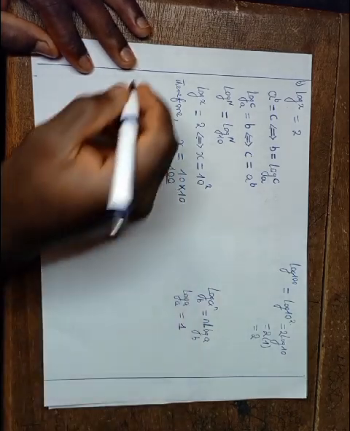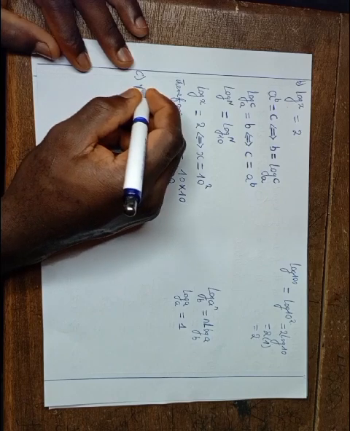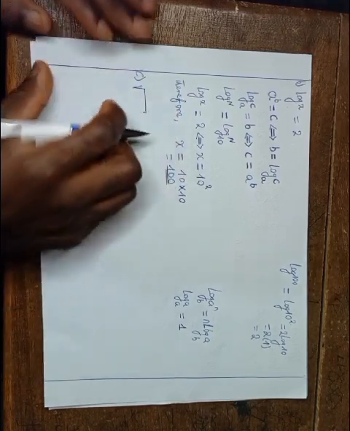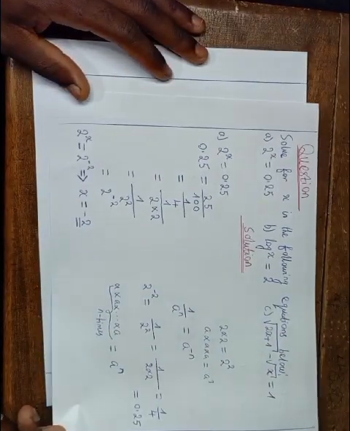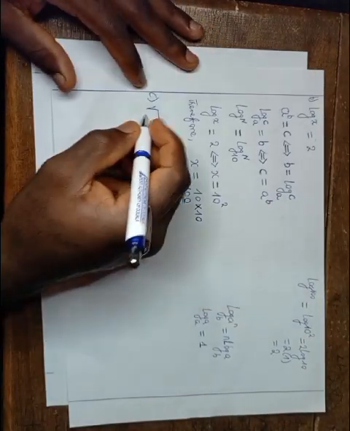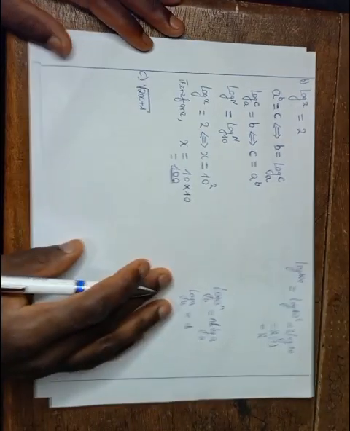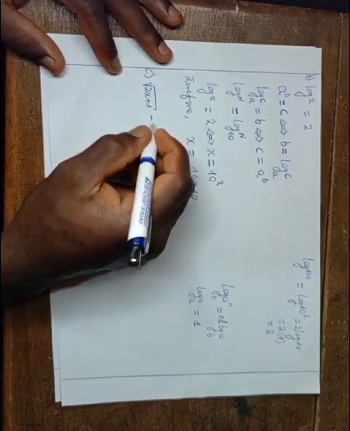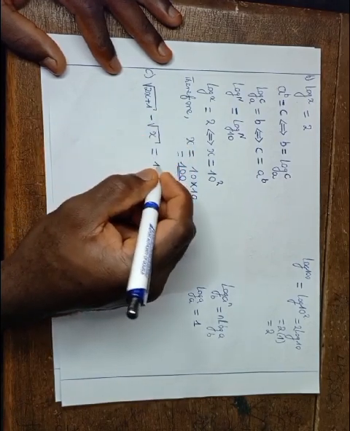Next, let's go to question C. Question C, we have the equation root of 2x plus 1 minus root x is equal to 1.